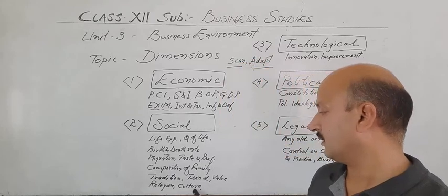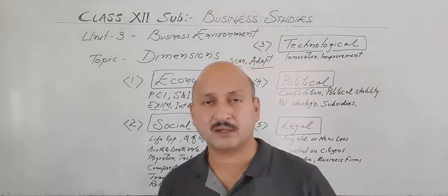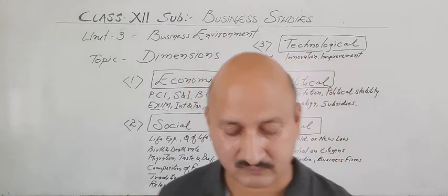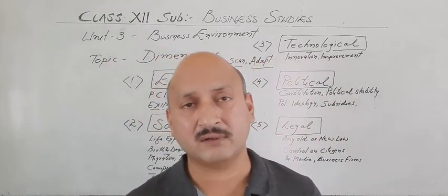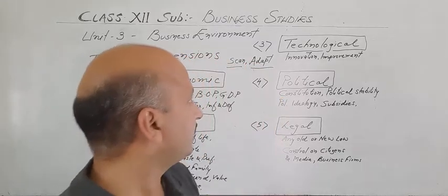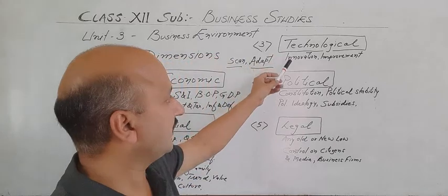As well as the culture, we have to see the culture of the targeted market or area, which may be different from our culture. Now, next element is technological environment.